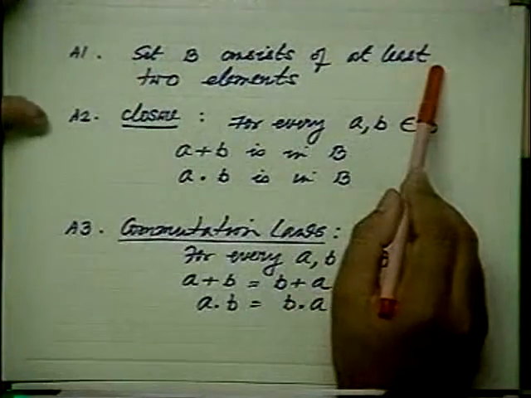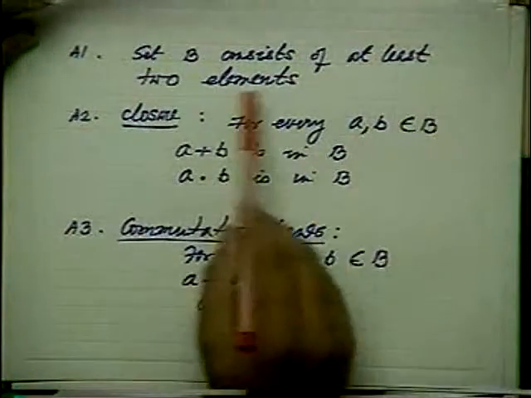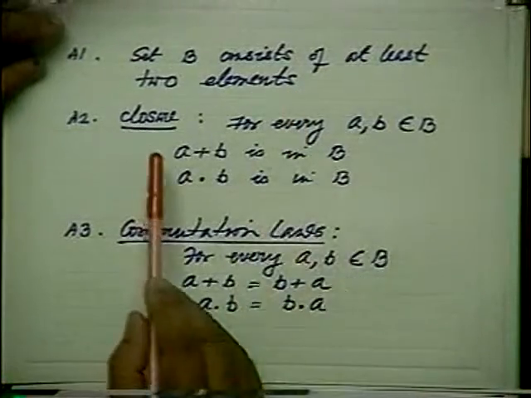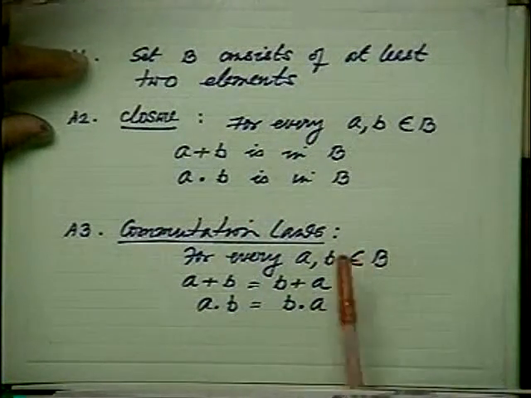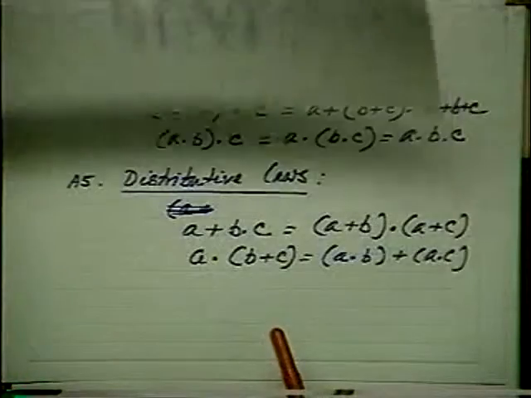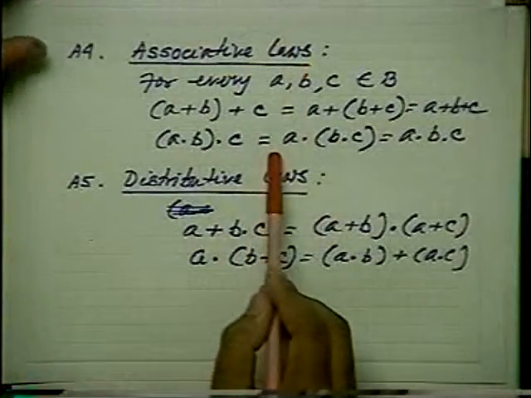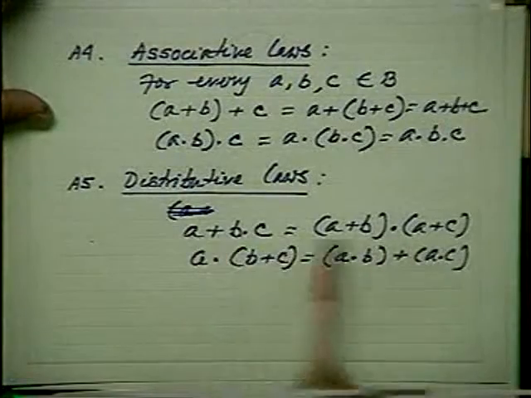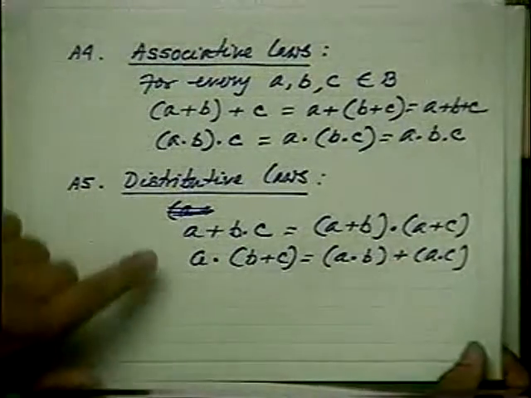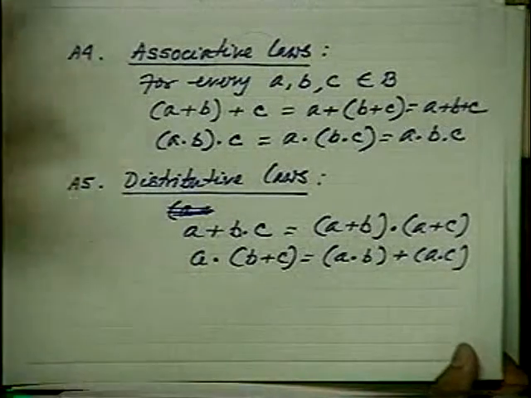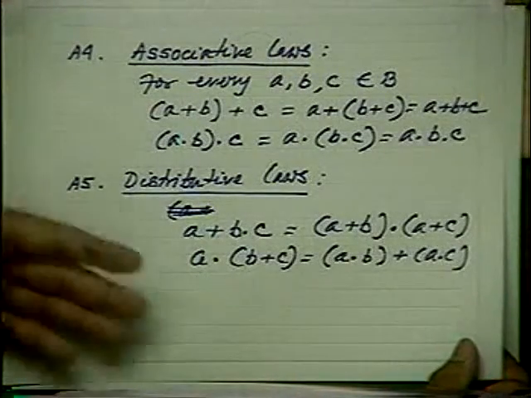Set B should consist of at least two elements. Closure property should be valid. My commutative law should be valid. My associative law should be valid. My distributive law should be valid. When I come to an interpretation of it, we see that the operators are such that it's valid.